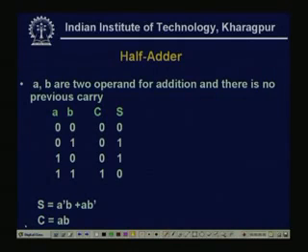Say for the carry, there are two inputs, A and B. This is the map for my carry, with 0 1 0 1.